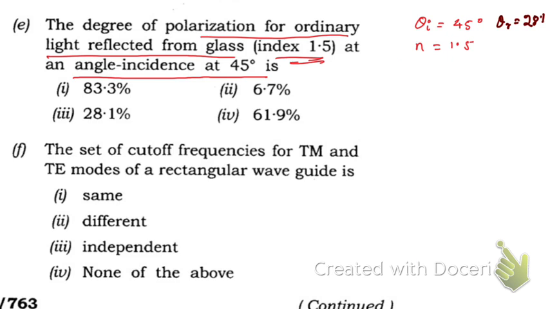Now what we need to do is, here first we need to find our perpendicular, which is nothing but sine square (theta I minus theta r) by sine square (theta I plus theta r).